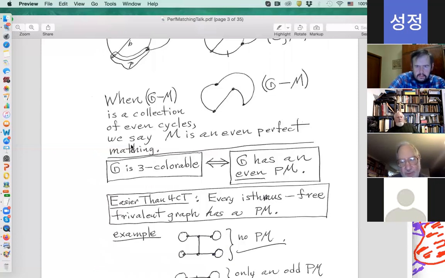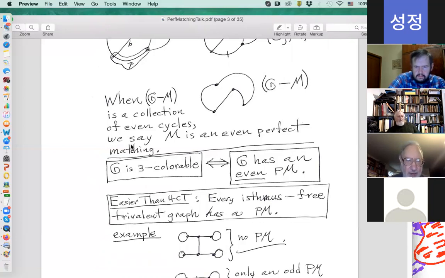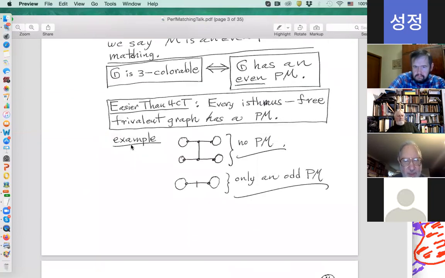But of course, we're interested in the planar problem because the four-color theorem says that a one-connected trivalent graph in the plane will be colorable, and there are uncolorables off the plane. So what turns out to be easier than the four-color theorem is that every isthmus-free trivalent graph has a perfect matching. Won't necessarily be even.